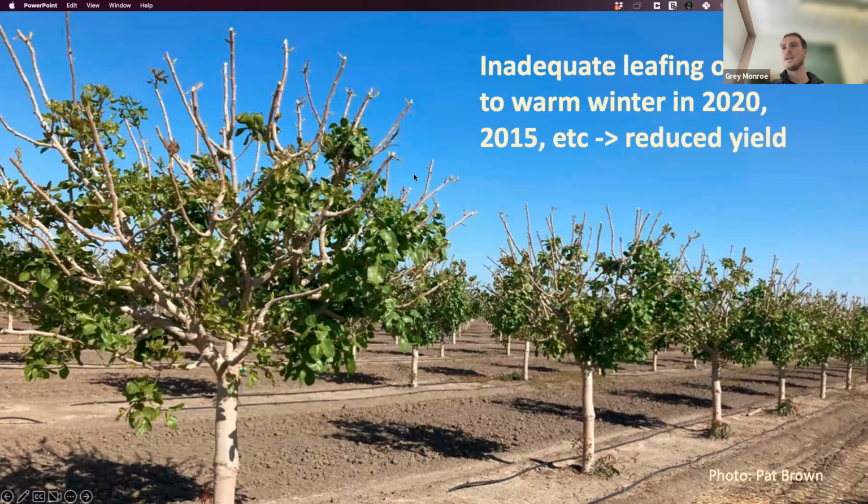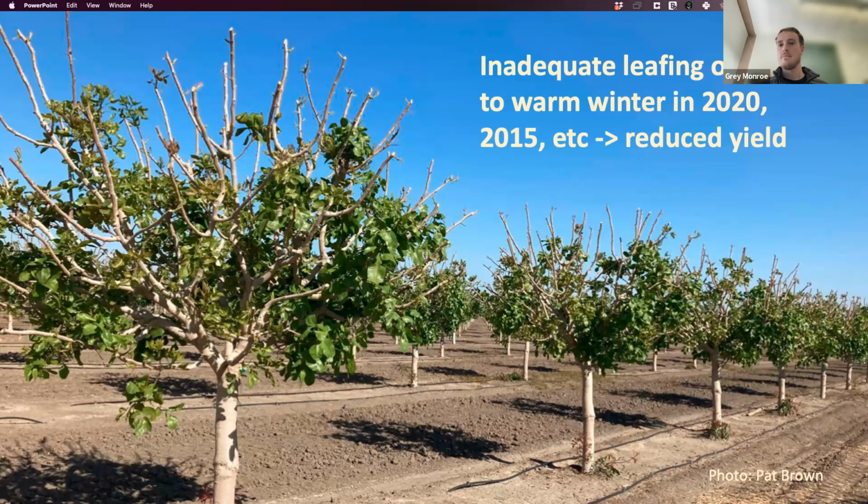Another consequence is that the dates of flowering between male and female trees can be asynchronous, meaning that there's no pollination, so there's no fruit production. So these warming winters are something we should definitely be thinking about for maintaining the production of sustainable protein sources like pistachio.